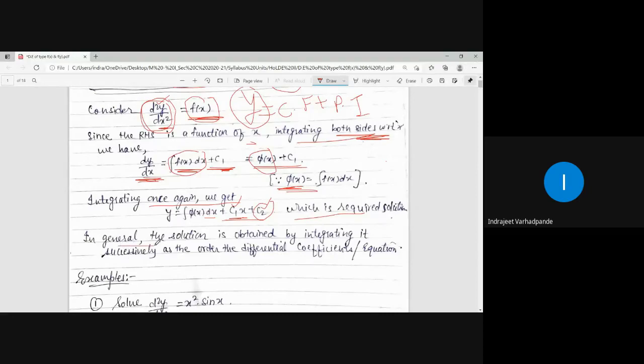So in general, the solution is obtained by integrating the given differential equation successively as many times as the order of the differential equation. How many times do you have to integrate it successively? 2 times. Why 2 times? Because the order of the differential equation is 2.